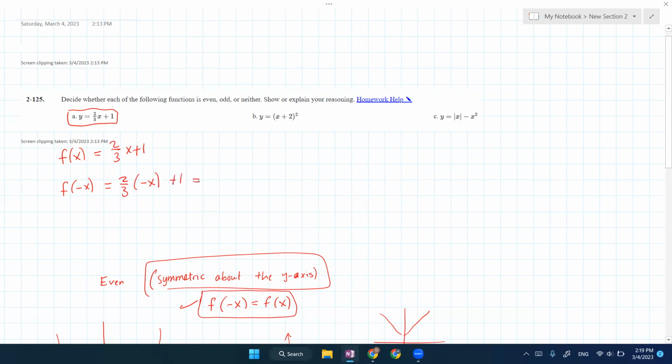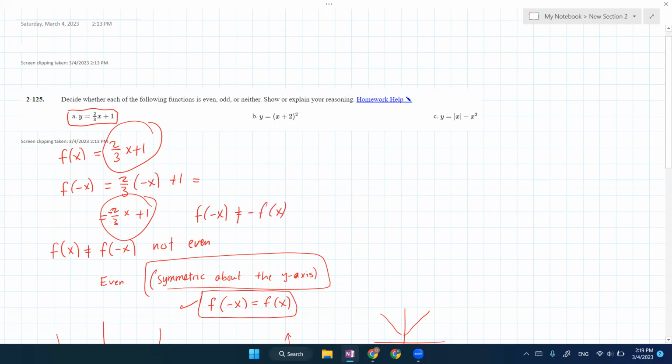So that is equal to negative 2 over 3x plus 1. As we see, f of x and f of negative x are not equal. So the function is not even. Also, f of negative x is not equal to negative f of x. They are not the same, so the function is not odd. So for the first function, this is neither.